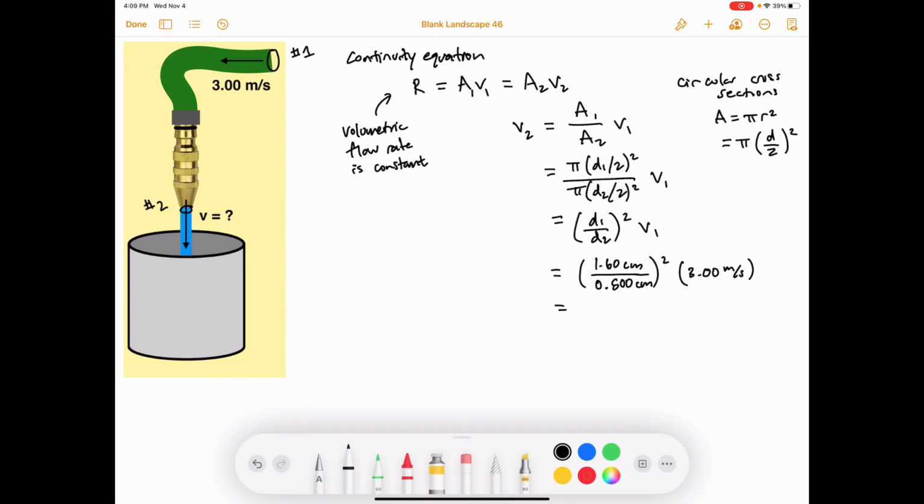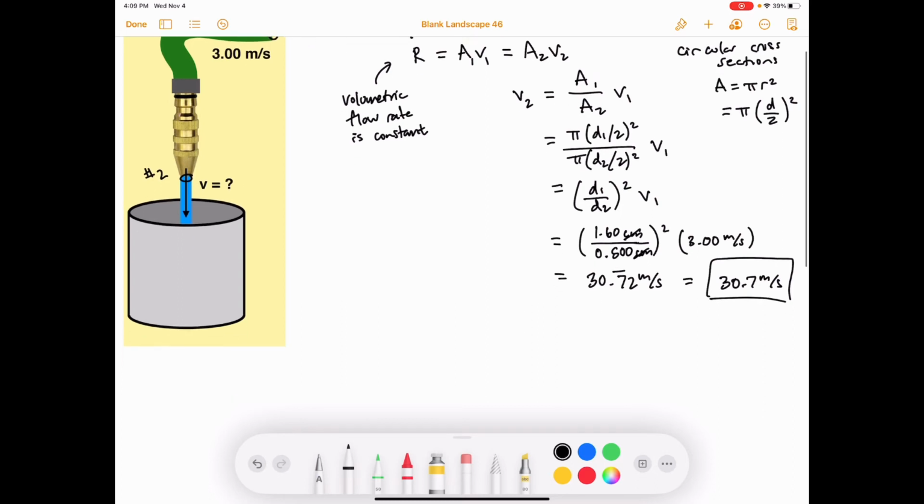So this gives us the speed of the fluid at point 2. That's the speed of the fluid coming out of the nozzle, which is 30.72 meters per second. So the centimeters here cancel. We're just left with meters per second. So keeping 3 sig figs, that's 30.7 meters per second. So it's coming out of the nozzle really, really fast because we've narrowed the cross-sectional area to such a small amount.